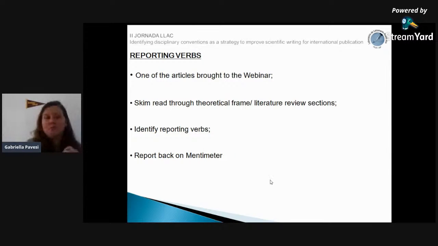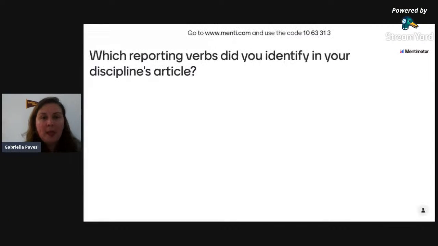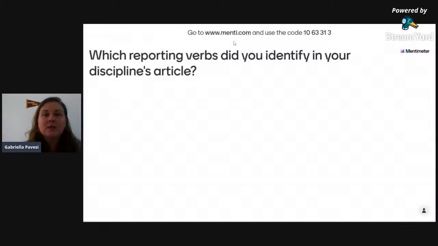Okay, so I'm going to share the screen of Mentimeter with you, and you're going to find the link and also the code that you have to put. Okay, just a second. Okay, I'm just sharing here. So you are going to go to this website up here, menti.com.